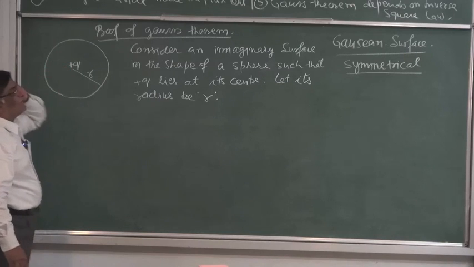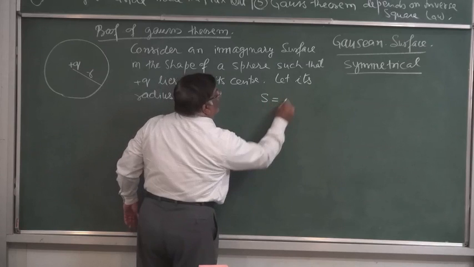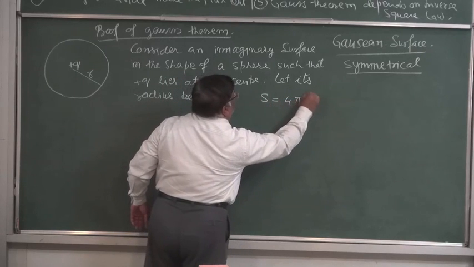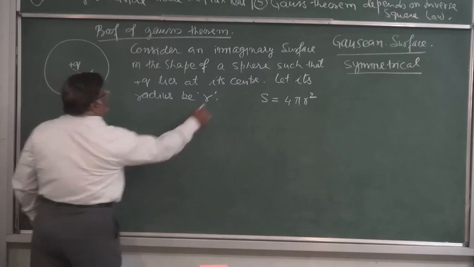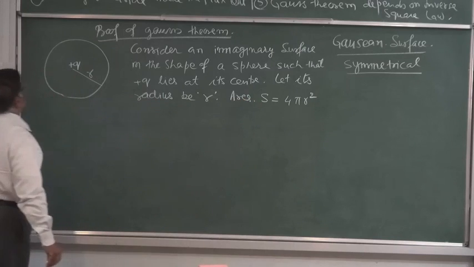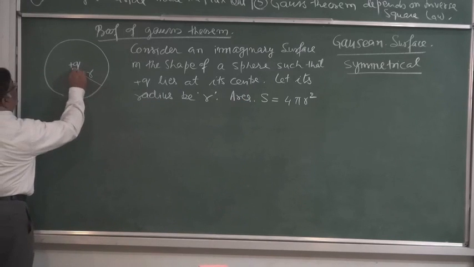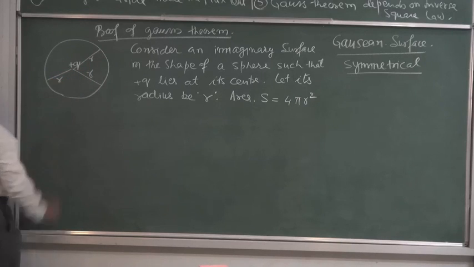We know the total surface area S will be 4 pi r square. Now, if this distance is r, this distance is also r, this distance is also r.